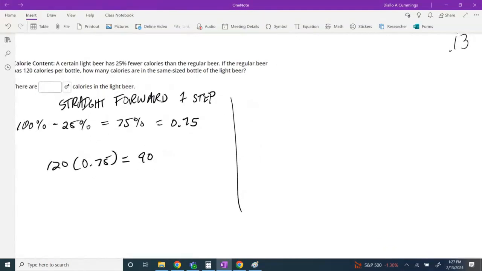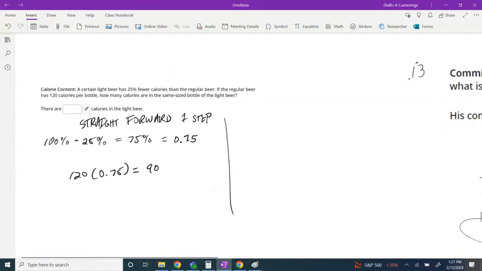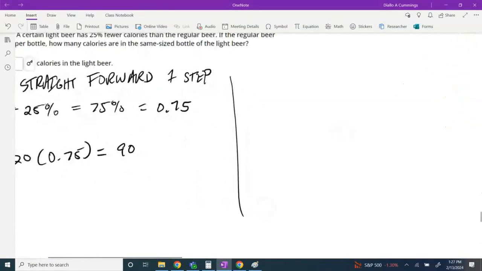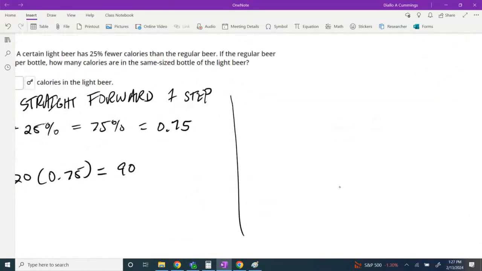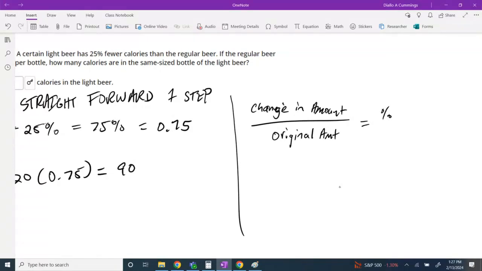Okay, so I don't want to slight that percent increase or decrease equation. So if I wanted to use a percent increase or decrease formula, we had the change in amount over the original amount, that's equal to percent over 100.